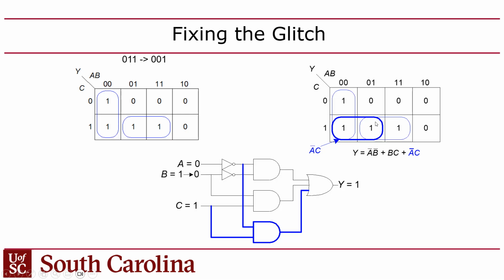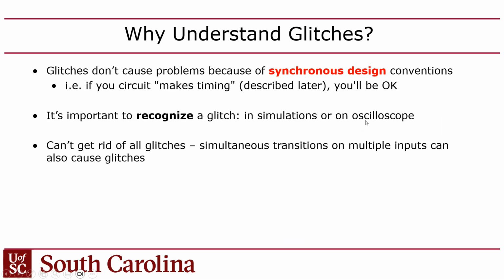So you can cover this term, where you have not A and C, right here, where you circle this. Basically you add a third term that doesn't change the behavior of the circuit, but it prevents the glitch from happening because it avoids the ability for one input to jump from one grouping to the other. Okay.